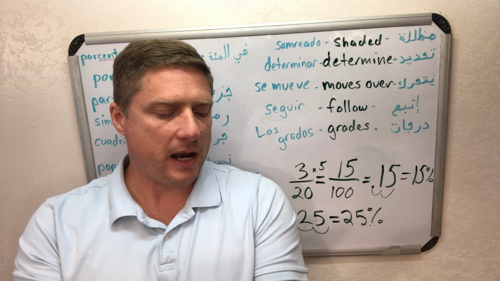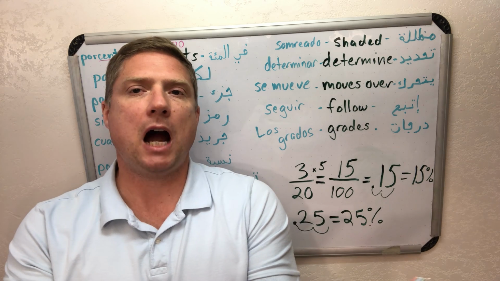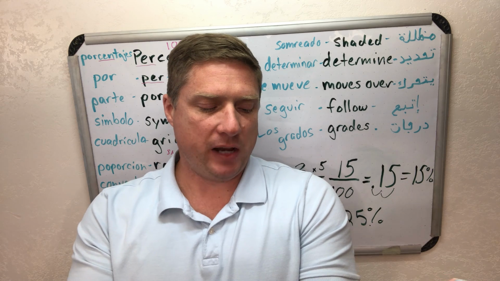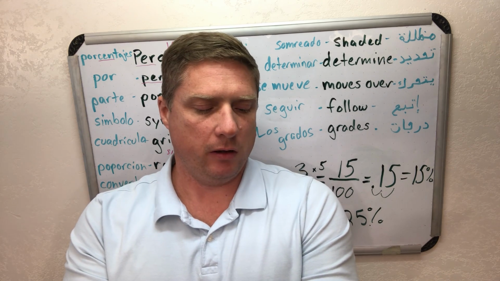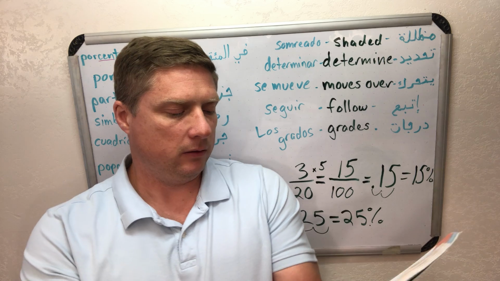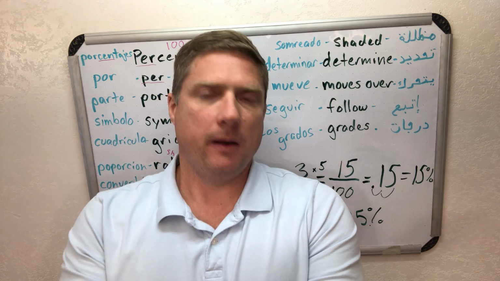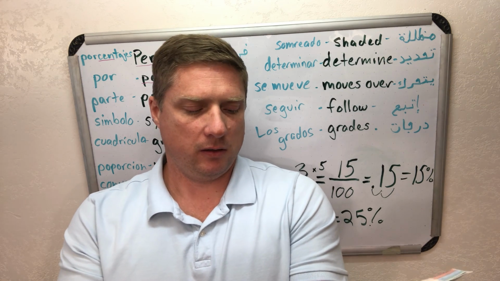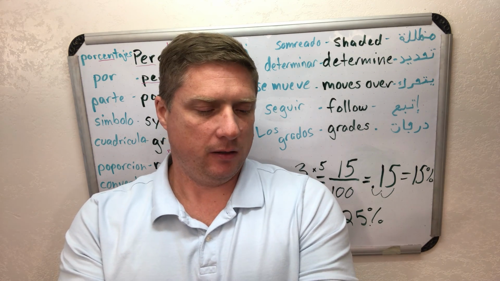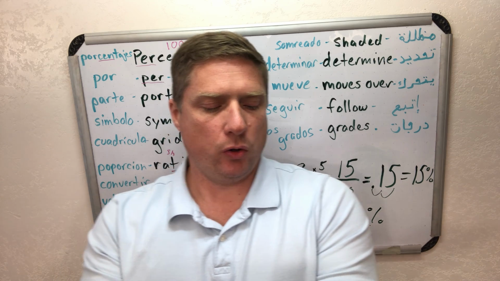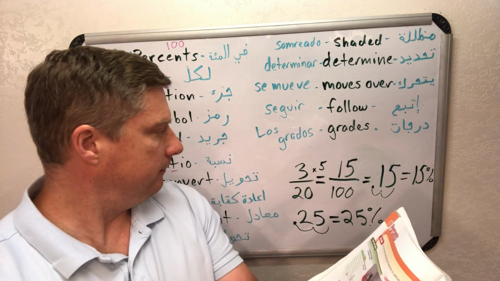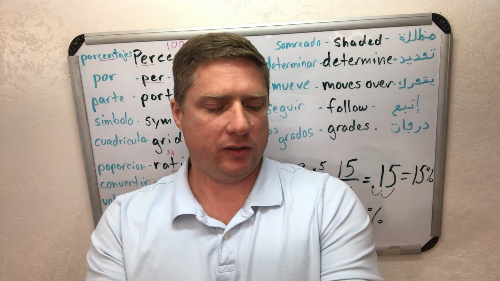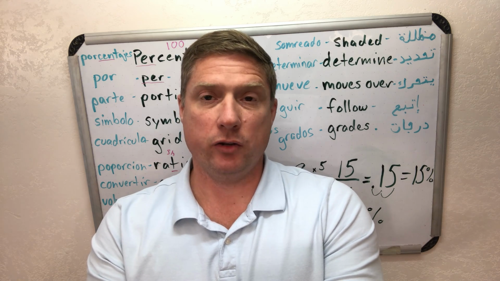Number 2, percent means part per 100. 3, a percent names a portion of 100. 4, a percent symbol follows a percent. 5, the grid shows 100 boxes.